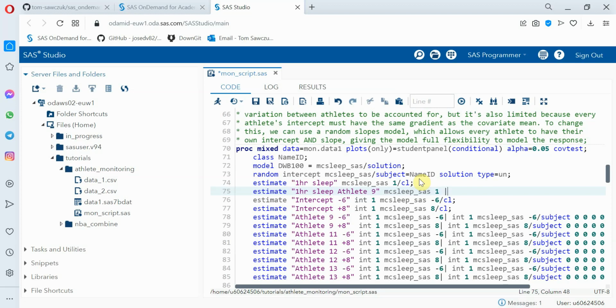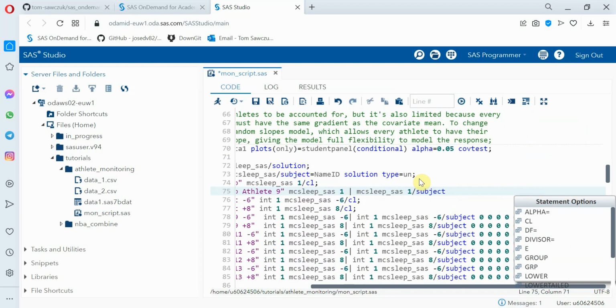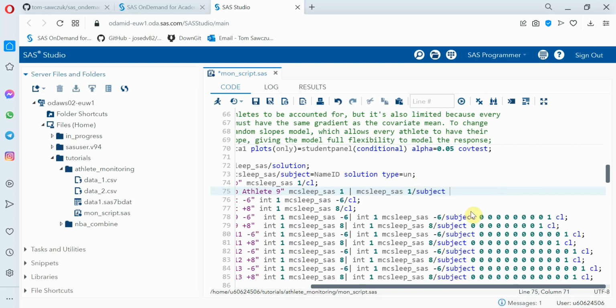So this is a 1 hour difference in sleep for subject 9 or participant 9 with the confidence limits.